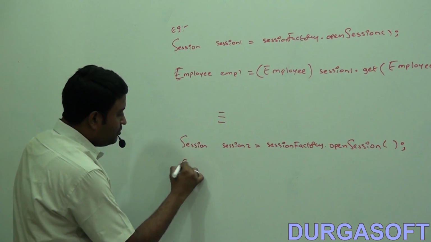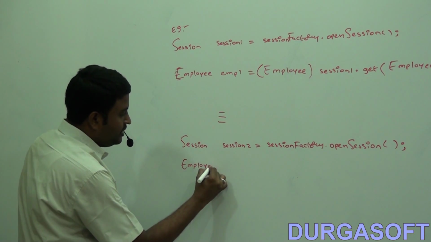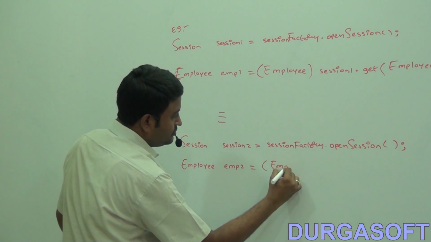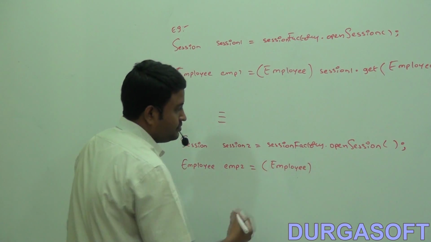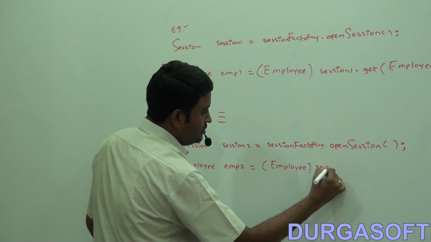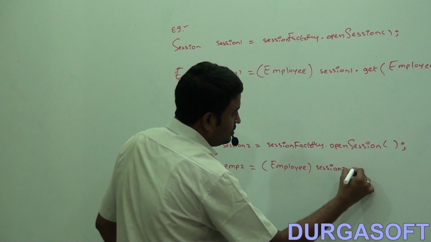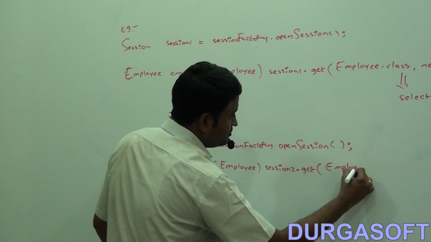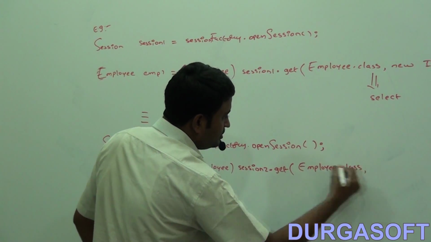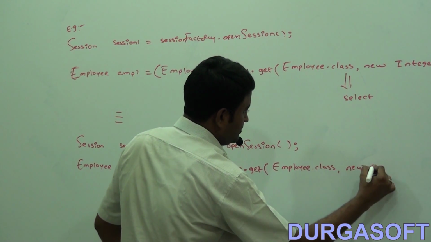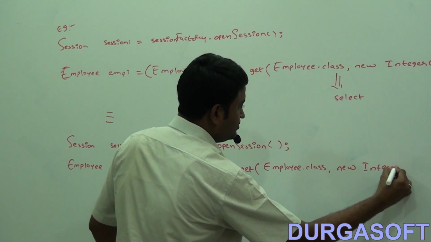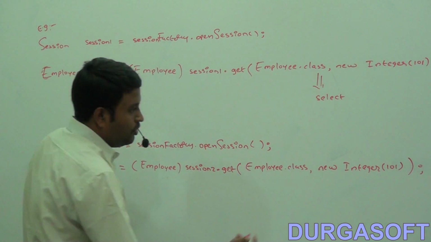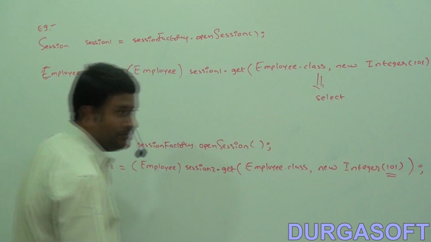Next I am loading one employee object, emp2 equal to session2.get, passing Employee.class and the employee number 101. Here I am requesting the Hibernate framework to load the employee number 101 object.